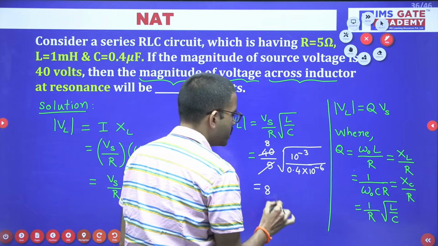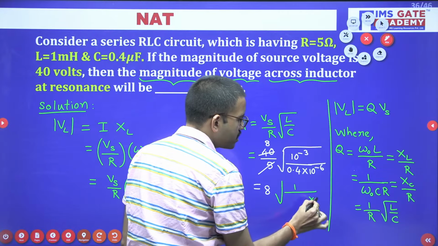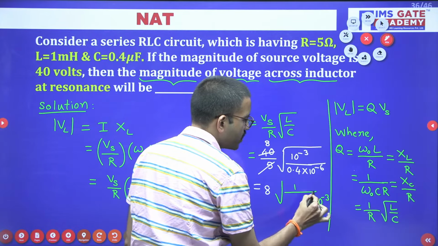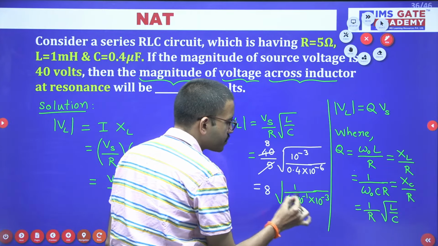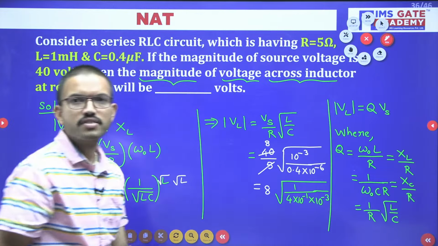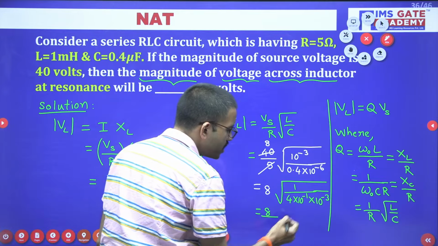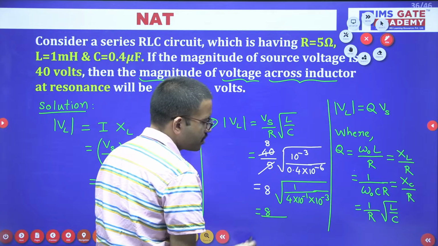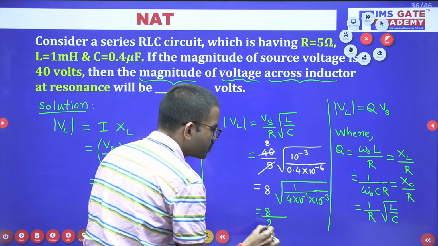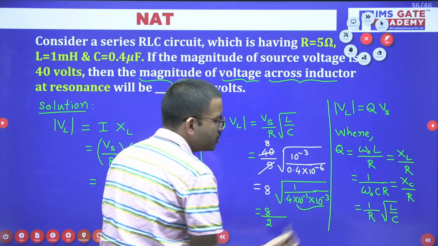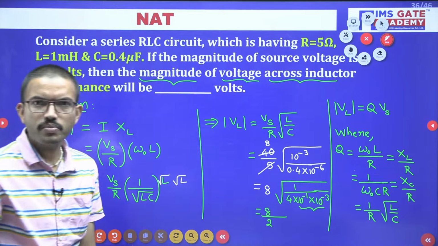So that means in the denominator you are going to get 1 by, here 10 power minus 3. Here 0.4 we can write as 4 into 10 power minus 1. Now 8 I am keeping as it is in the denominator, root 4. See, this entire part is in the denominator only, right? So root 4 is nothing but 2. 10 power minus 1 into 10 power minus 3, that is nothing but 10 power minus 4.